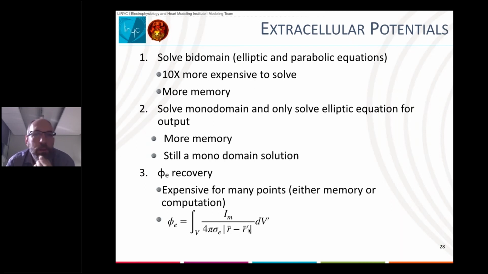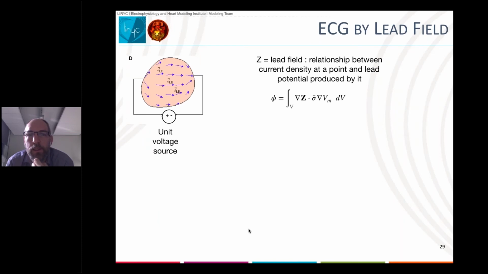An alternative approach, also a nifty approach relying on reciprocity, is called the lead field approach. If you have the heart and you want to compute the ECG, you can make use of this concept called the lead field. The lead field is the relationship between the current density at a point and the potential it produces at a lead.